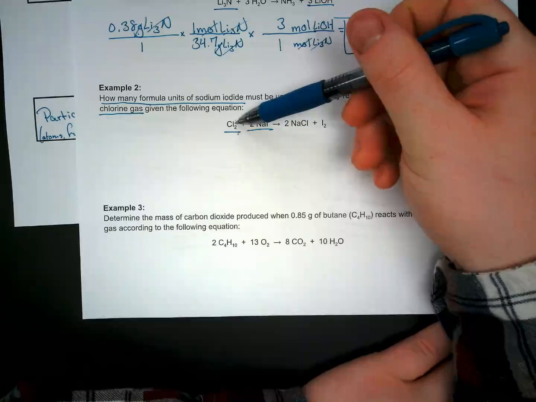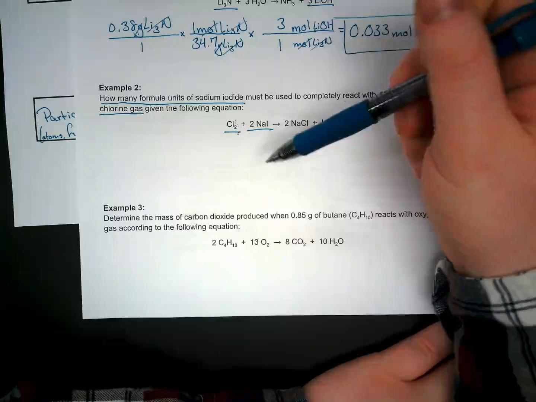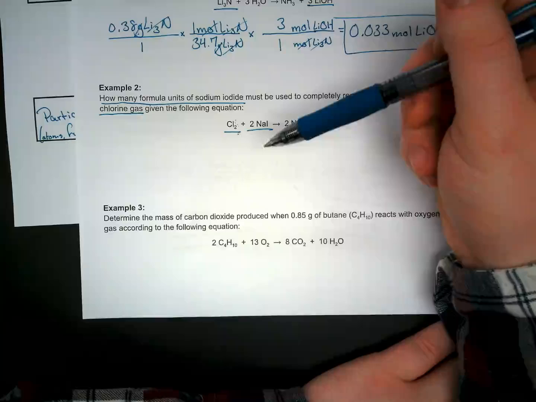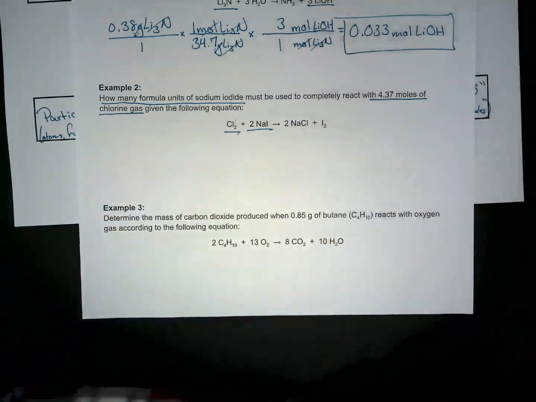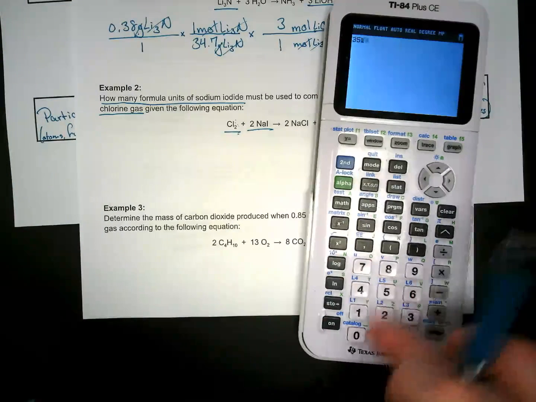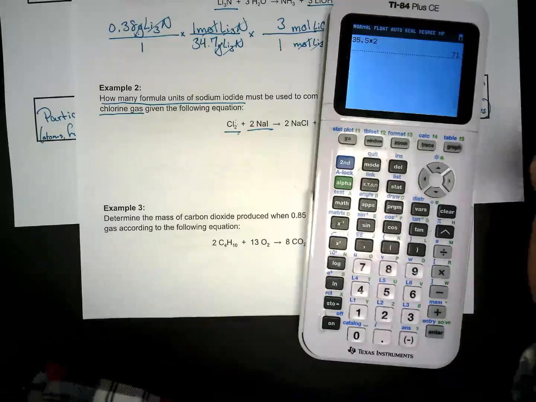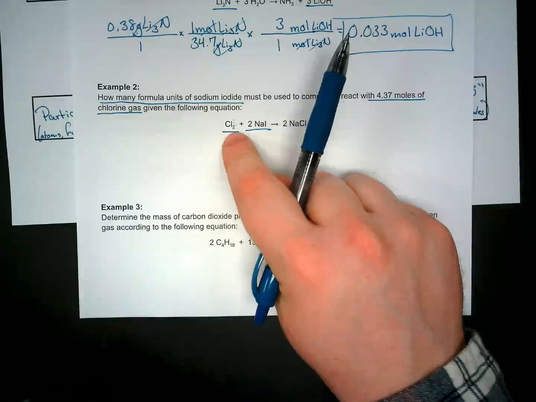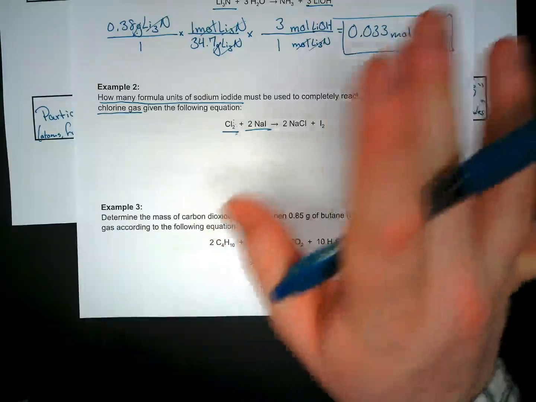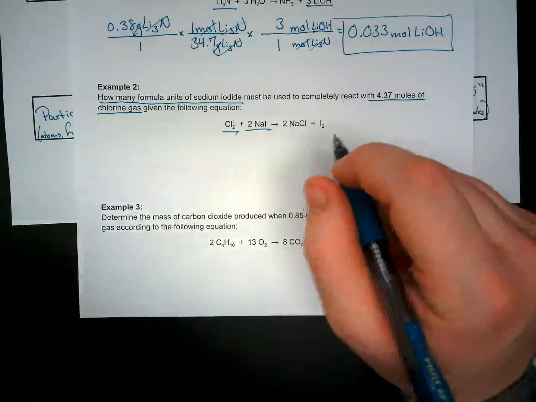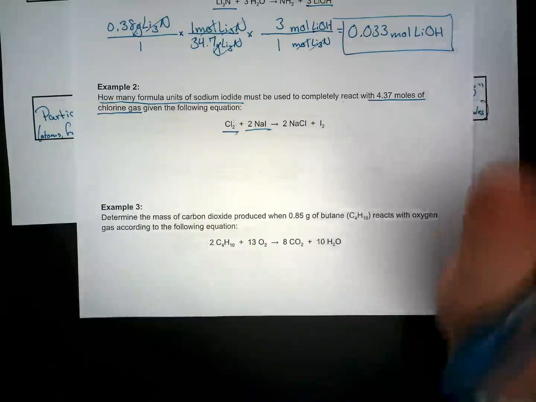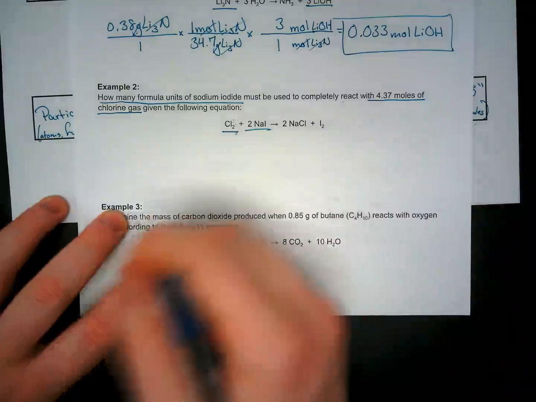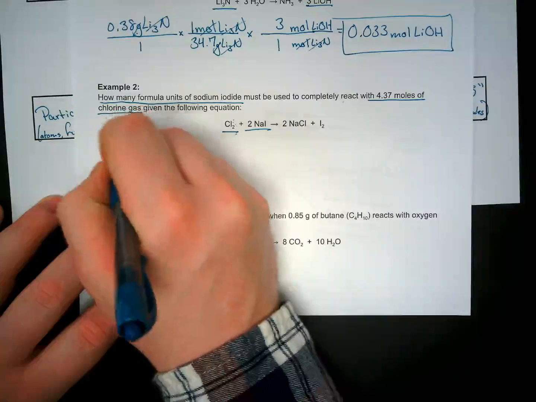It would actually be 71, because it's 35.5 times 2, so 71 grams per mole, because there are 2 atoms of that there. It's not a single element. I'll have some extra help videos tied along with that, but just something to keep in mind. Here, I don't think we're going to have to do that, because we start off with moles of chlorine gas. So we're starting with moles of chlorine gas.